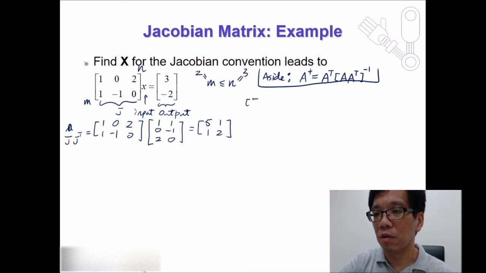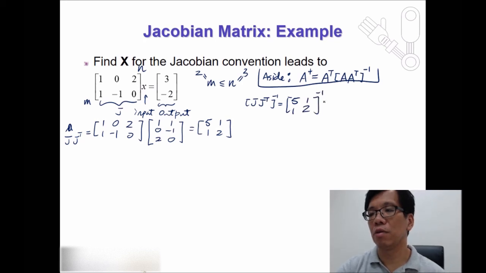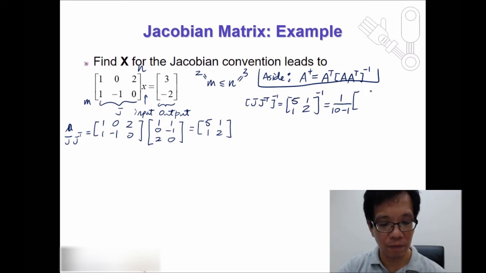So JT inverse is going to be 5, 1, 1, 2 inverse. So it is going to be 10 minus 1. This one multiplied by this one minus this one multiplied by this one. The formula is going to give us 2 and 5.